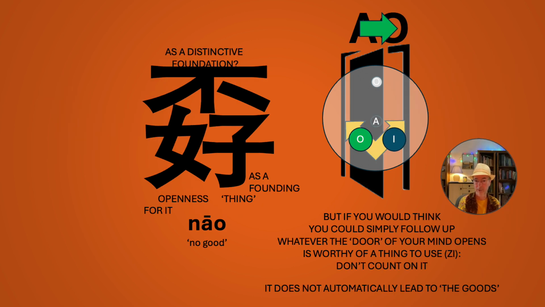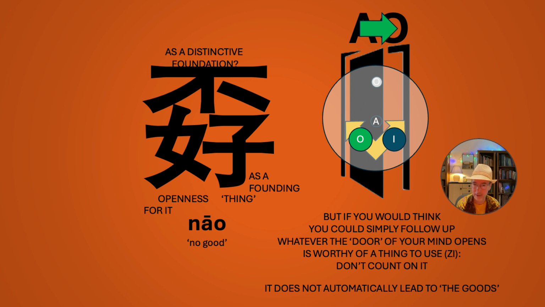Now here also is no good, where you have the two characters left and right, the openness left and the thing right, where you have the distinction up there. If you go from A to O, the A is my opinion and O the openness.